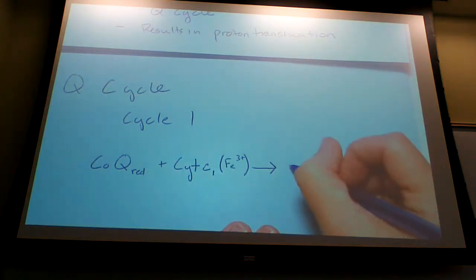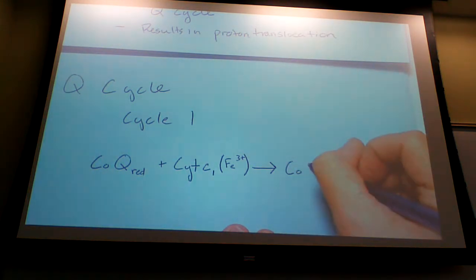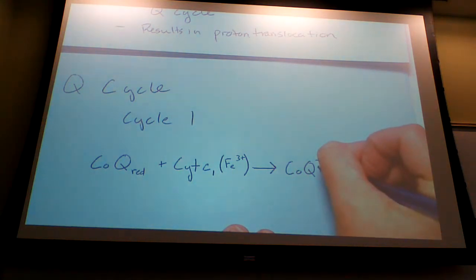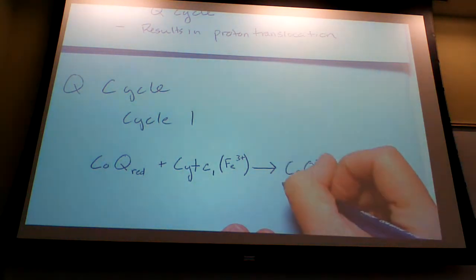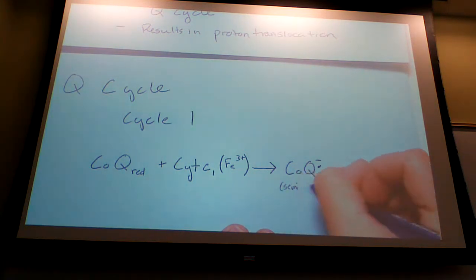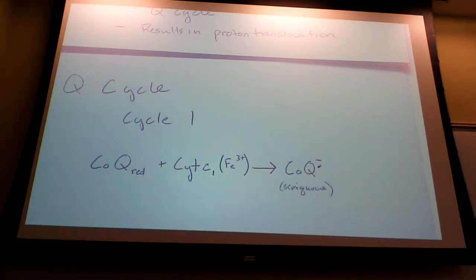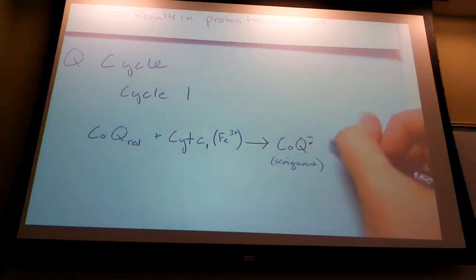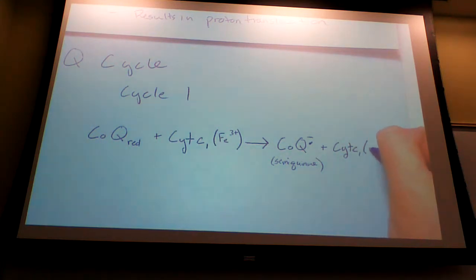What I'm going to make after the first cycle is a coenzyme Q free radical, which is called the semiquinone. Plus the reduced cytochrome C. So this is an Fe2 plus.